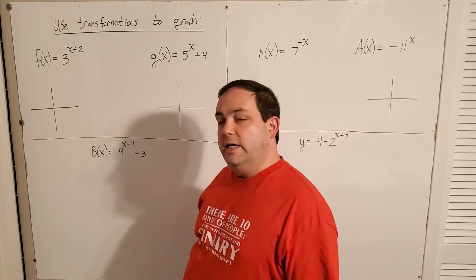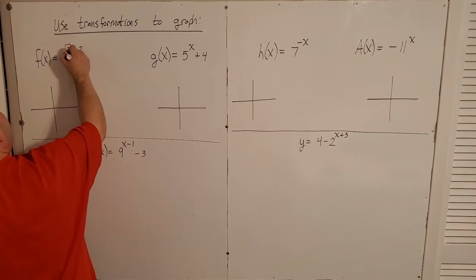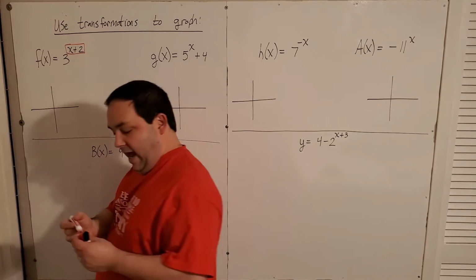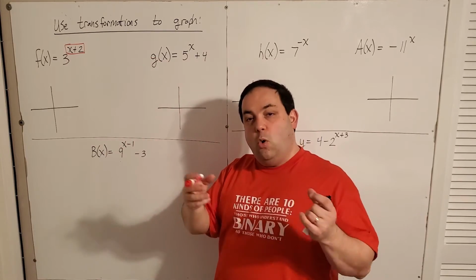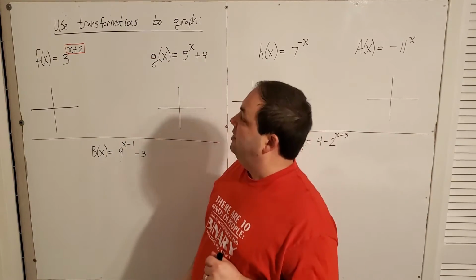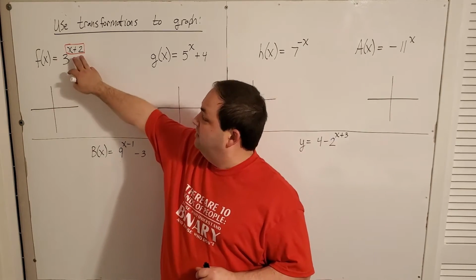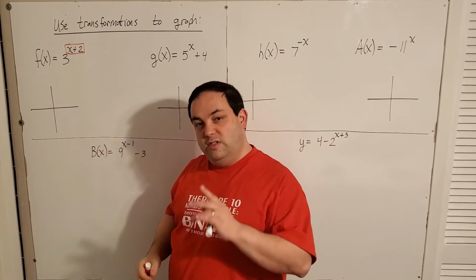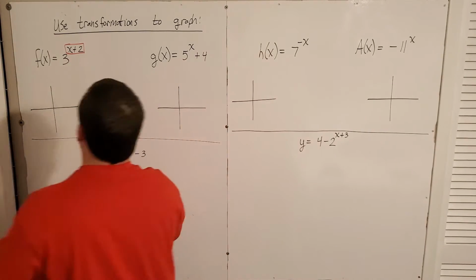And the thing to notice is that the plus 2 is on the inside with the x. And remember what inside means, right? Inside with the x means it's a horizontal effect. And the addition and subtraction typically is opposite, right? Whatever causes that inside to be 0 is the new center x value. So this happens to be a shift 2 to the left.